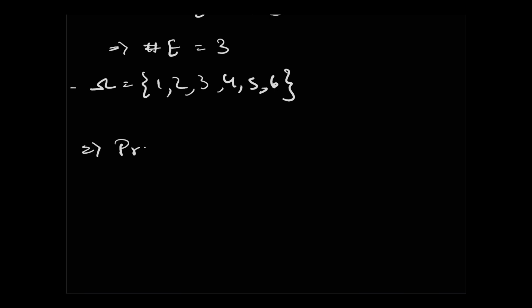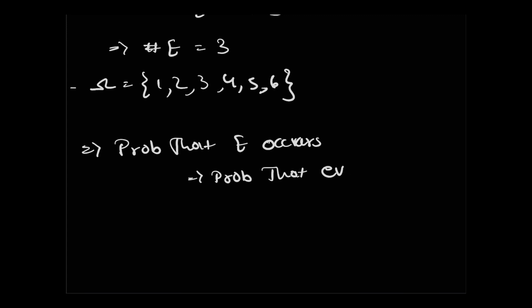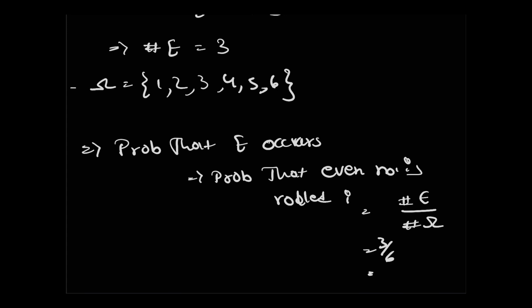That implies the probability that event E occurs, or the probability that an even number is rolled, is the total number of elements in E by the total number of elements in omega, that is 3 by 6, 1 by 2.